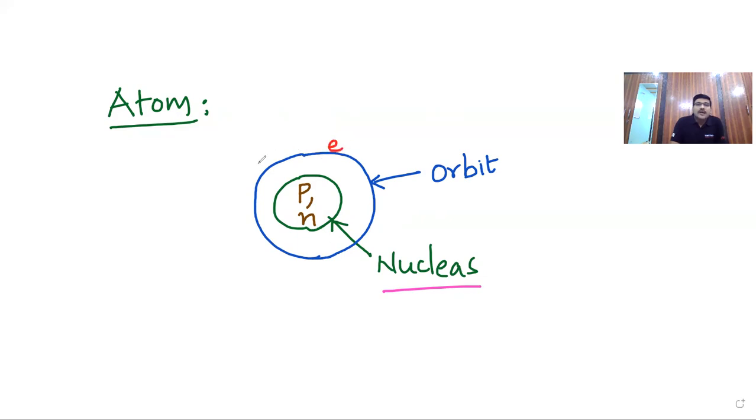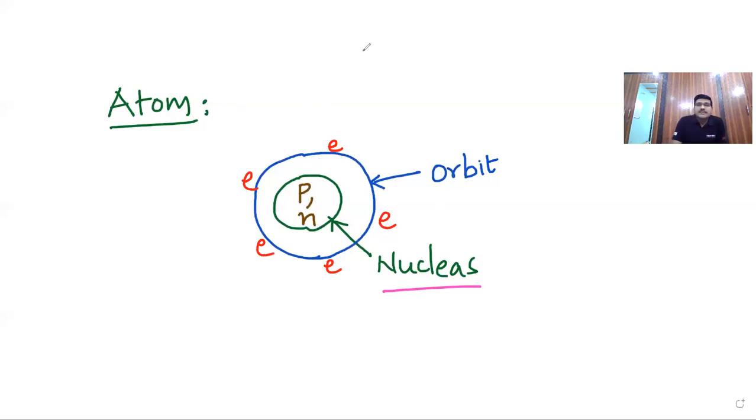All these are the electrons. Electrons move in the orbit. Clear? So, electrons move in an orbit around the nucleus, and in the nucleus, there will be the protons and the neutrons.